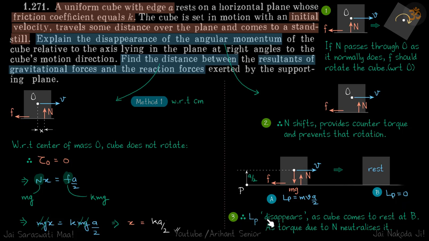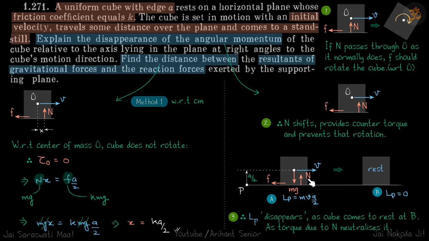Now we can conclude about the initial angular momentum. See what forces we have: the frictional force, which is passing through point P, then we have N and mg. Because the block is not traveling up or down, N must be equal to mg. About point P, the net torque on this block is counterclockwise. Its angular momentum is clockwise because of the velocity v.